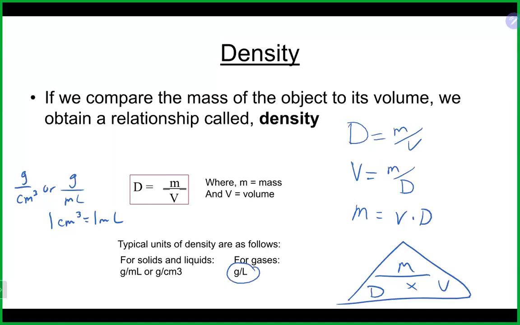We won't deal too much with density of gases in here, but when you go to 1A, you'll do some calculations, especially in the gas chapter. Typically gas densities are given in grams per liter. Most of the time we will see these units here. And typically when you calculate the density, the number stays with the grams part, and it's always 1 milliliter or 1 cubic centimeter on the bottom part of it.